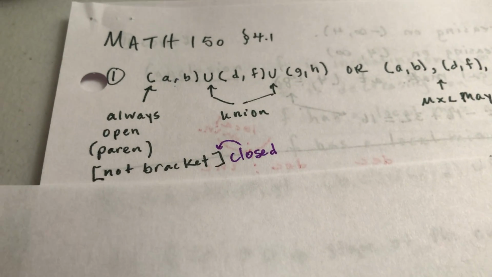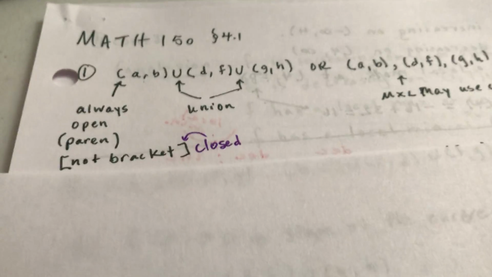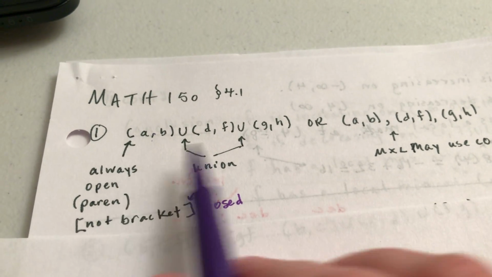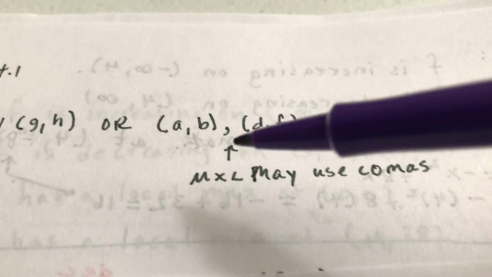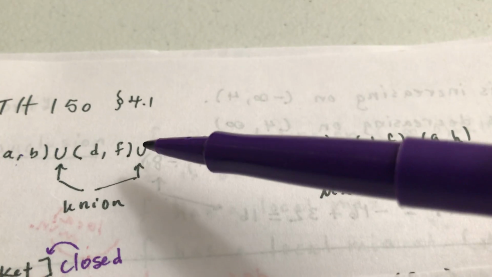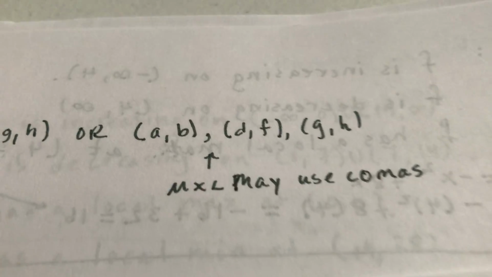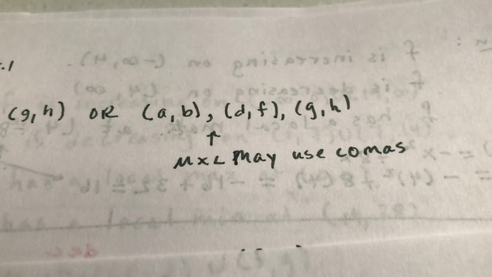I don't know if you remember this from long ago, but we're just going to always use open on increasing and decreasing intervals. And I can't remember if Math150 uses commas or unions, so just in case, you can put commas in here because Math150 may use commas there.